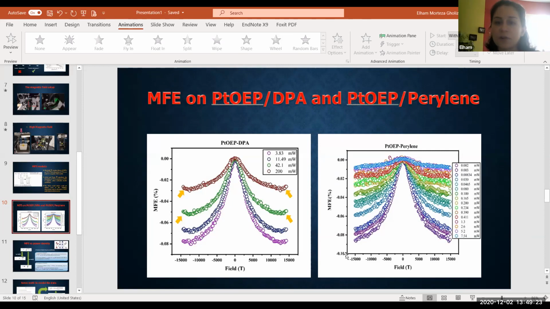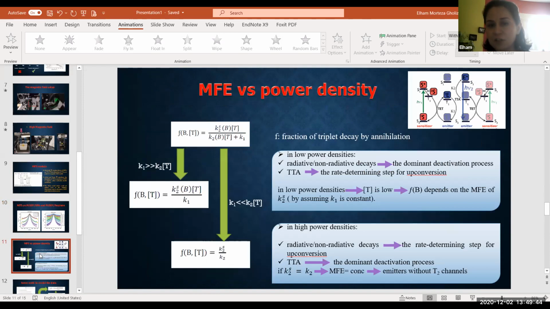So we did an experiment with a material that didn't have a T2 channel, and we realized that yes, we don't see that jump in the PL in that case. And then we tried to explain these things through some equations in the next slide. That's what I explained here.